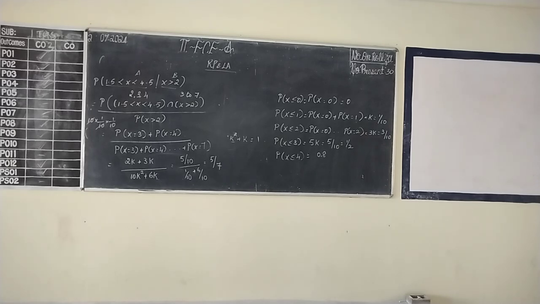How will you find probability of x less than or equal to 3? Say cumulative. From which one to which one? 0 to 3. Okay, so 0 plus 1 plus 2 plus 3. You add all the probability values. Find probability of x greater than 5.